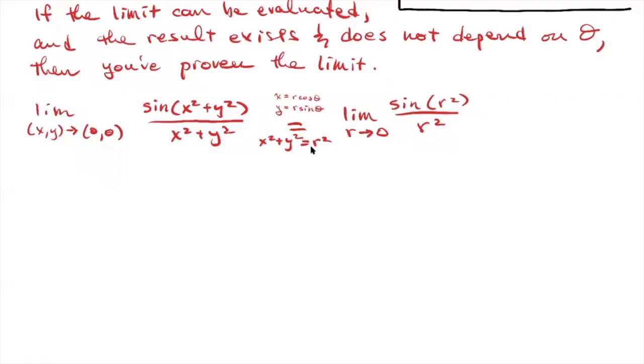And then I might do another substitution just to make this a little more clear. So here, maybe I would let u be r squared. And so you could say that this is the limit of just sine u over u. And then you would argue, well, if r is going to 0, then of course u, which is r squared, is also going to 0. So you could say, just let u go to 0.